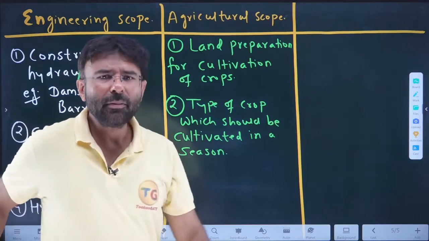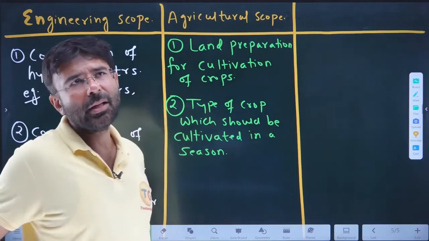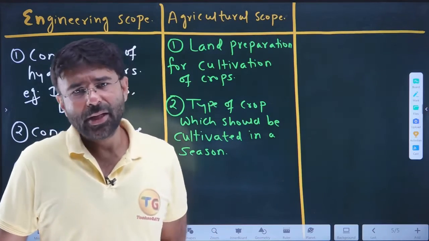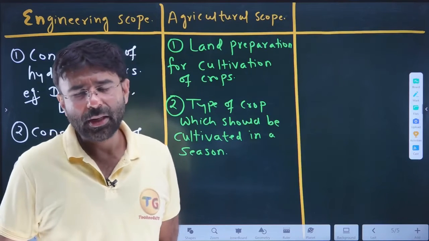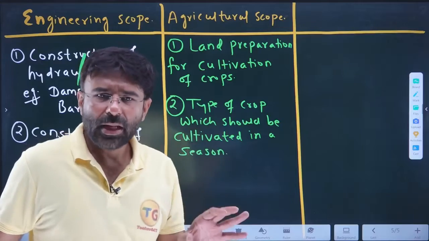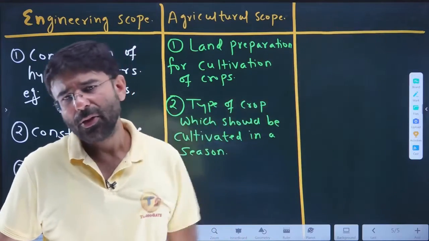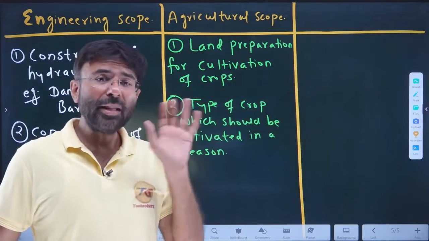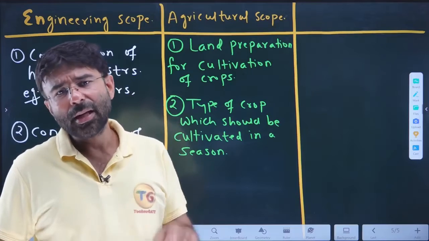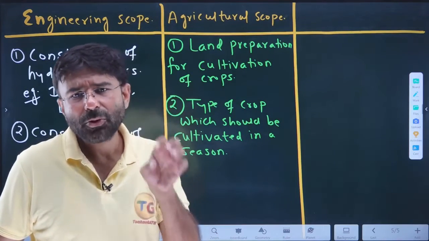In the upcoming months, after this monsoon season, most probably in October, wheat will be cultivated in almost every part of our country. Wheat will be sown, wheat will be cultivated, and it will be harvested in the next year in the month of March. So as a person who is directly related to agriculture, he needs to understand at a particular season which crop should be grown.